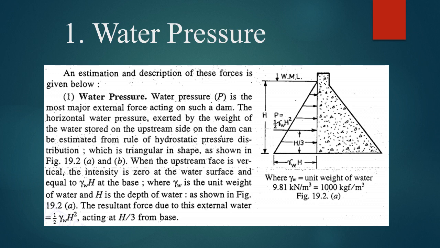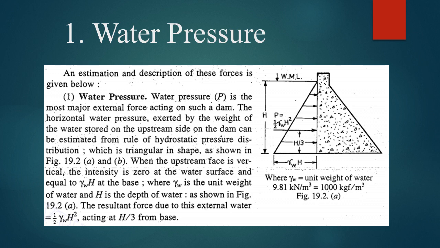So how does half gamma w H square come? We calculate the area of this hydrostatic pressure distribution. The area of the triangle is half into base into height.